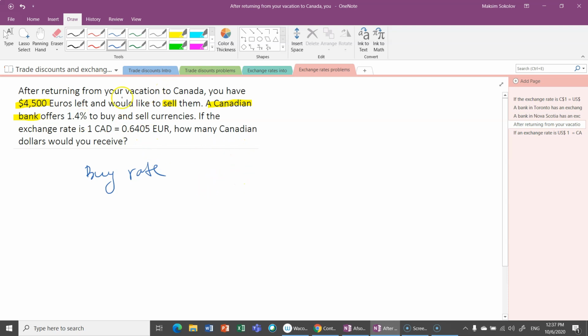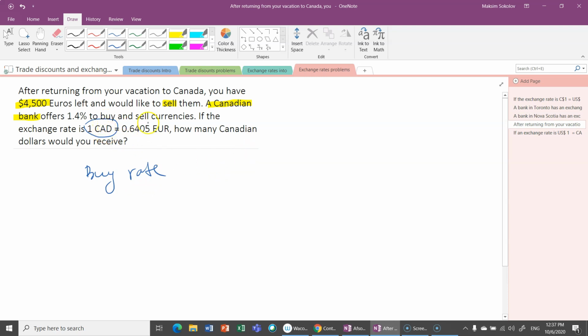And because it's a buy rate, we take that domestic side of the currency. So this is the domestic side here. And we modify that domestic side by subtracting commission from it.